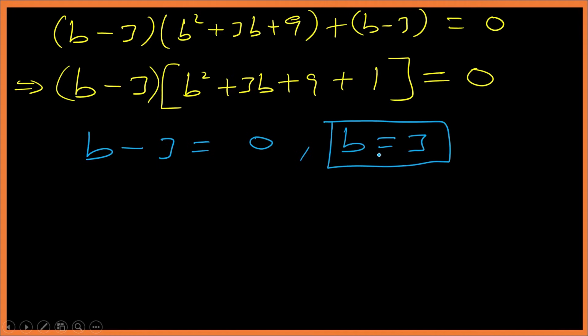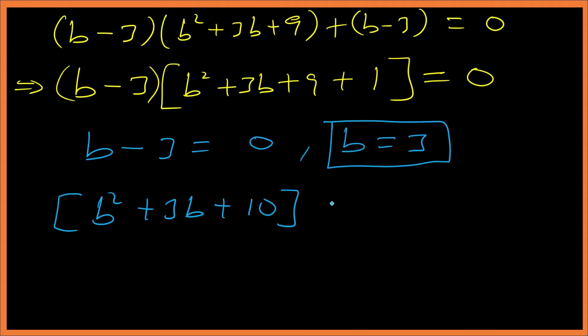Okay, so we are to look for the other solutions. So we have b squared plus 3b plus 9 plus 1, so b squared plus 3b, and 9 plus 1 will be plus 10 equal to 0.